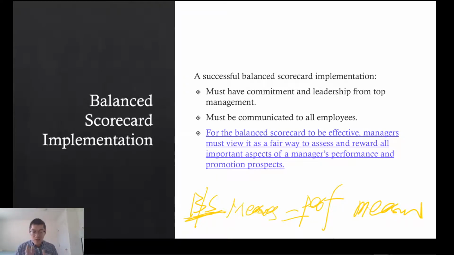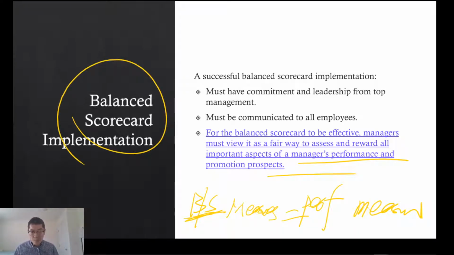You don't want to deviate your managers' incentives away from the company's strategies or goals. So you have to create a set of performance measures that is consistent with your balanced scorecard measures and your company's strategies. Otherwise, this balanced scorecard will not work.